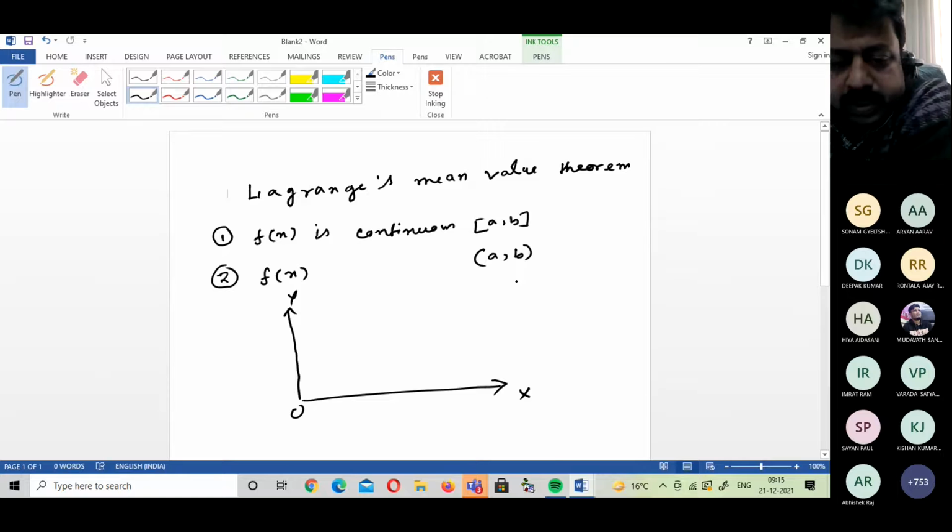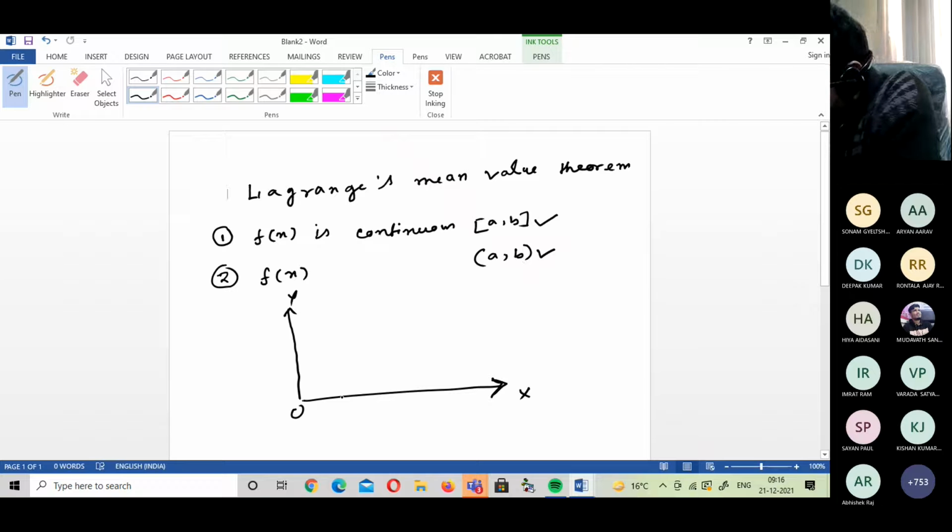Okay. Now here, in Lagrange's mean value theorem, the last condition of Rolle's theorem is not given, and here f(x) is continuous in the closed interval and derivable in the open interval. Consider x equals a and x equals b, two points. Suppose this is the value of the function at x equals b, and this is the value at x equals a, and this is the function y equals f of x.